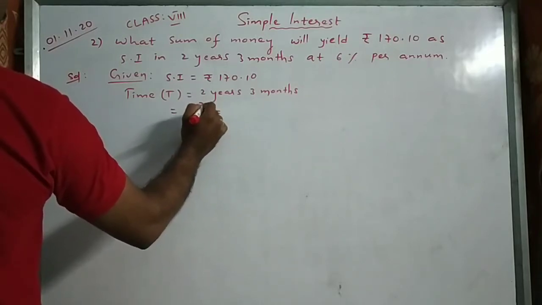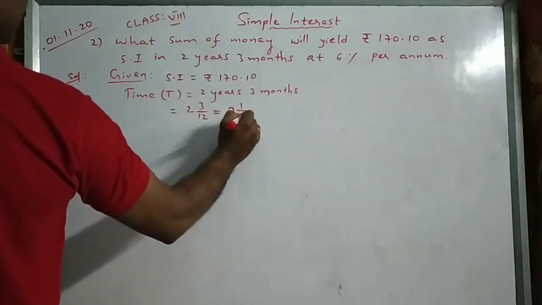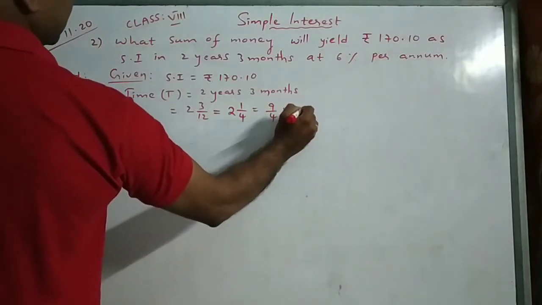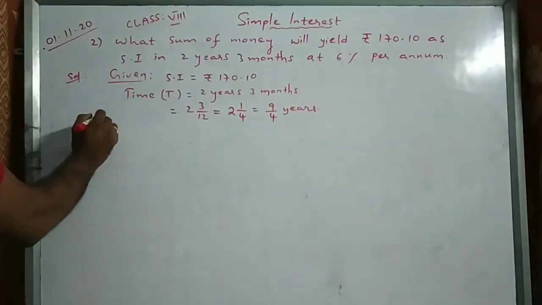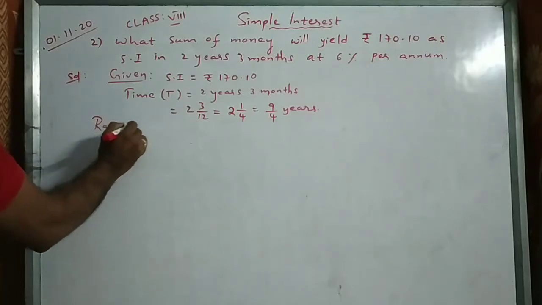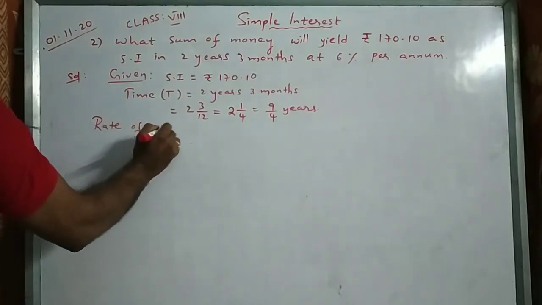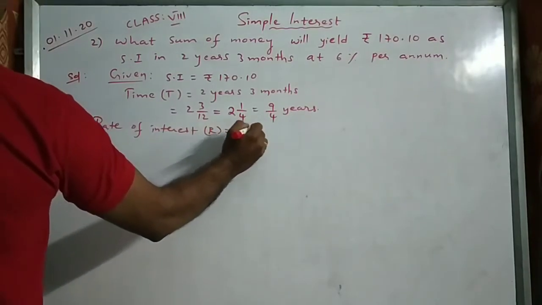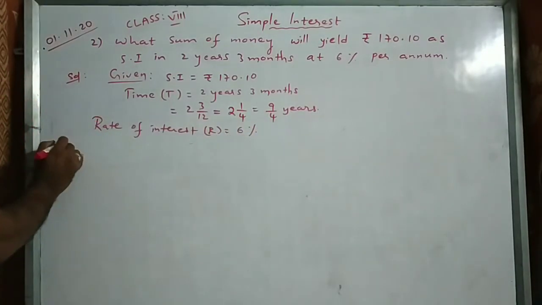So 3 ones 3, 3 fours, 4 twos 8 plus 1, 9 by 4 years, like before. So rate of interest is also there. R equal to 6% per annum.